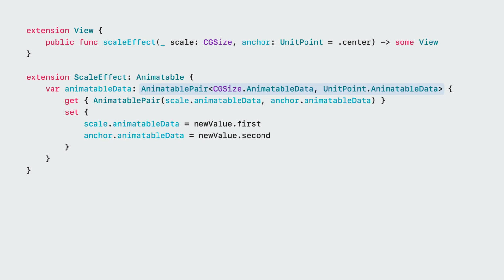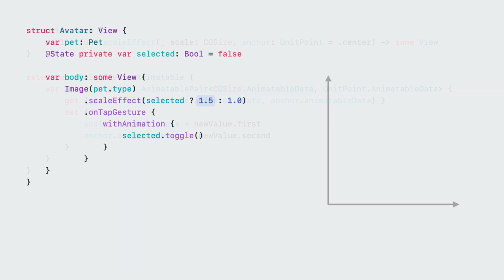Recall that scale effect's animatable data is a 4-dimensional vector, including a 2-dimensional width and height scale. When the avatar is selected, it's animated to a scale factor of 1.5 by 1.5, from a scale factor of 1 by 1. Vector addition and scalar multiplication operations allow SwiftUI to subtract these 2 vectors from one another to calculate the delta between them.